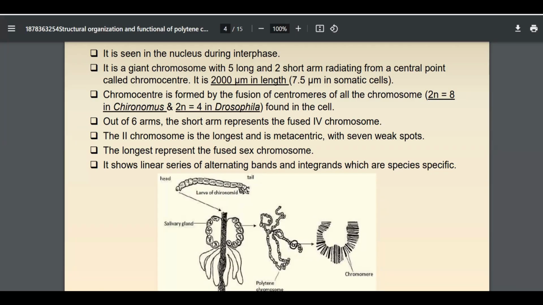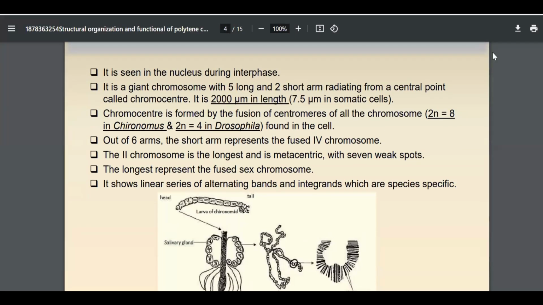So the giant chromosomes have 5 long arms and 2 short arms, which radiate from a central point called the chromocenter. The length of these chromosomes is about 2000 microns, whereas the somatic cell size itself is 7.5. So how compactly it is arranged, you can imagine.